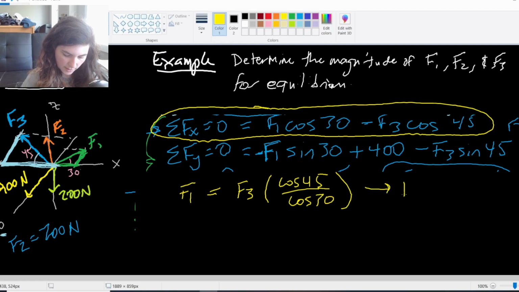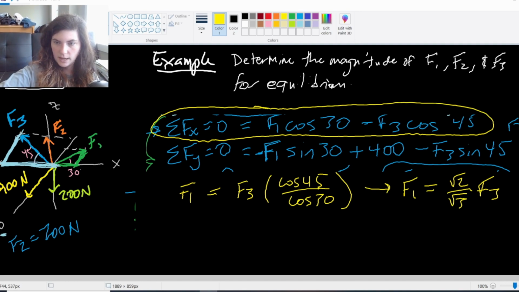I have it written as square root of 2 over square root of 3 times F3.